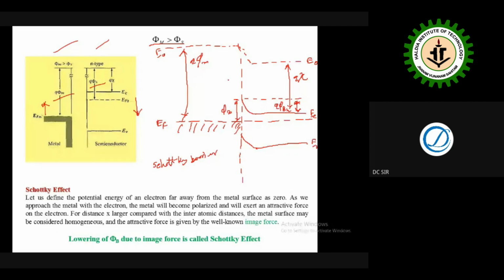So it behaves as a rectification. It is called a rectifying contact. So this type of metal and n-type semiconductor contact, under the condition of phi m greater than phi s, is called a rectifying contact.